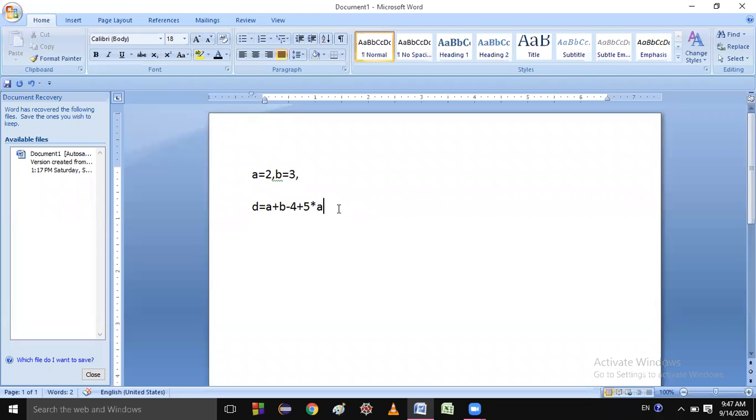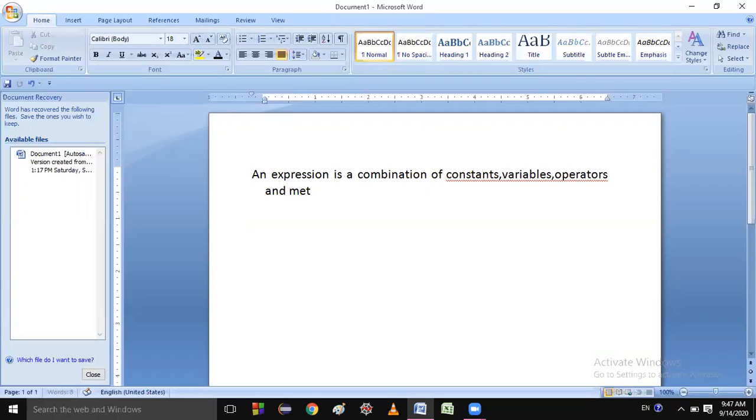So what is the definition of expression? Let me write it over here. An expression is a combination of constants, variables, operators, and method calls, which are constructed according to the syntax of the language. Method calls we will study later.